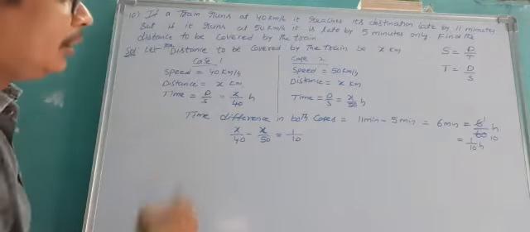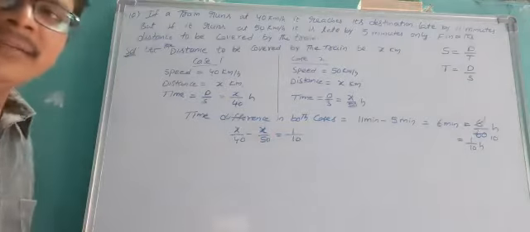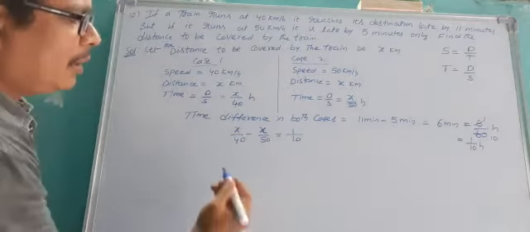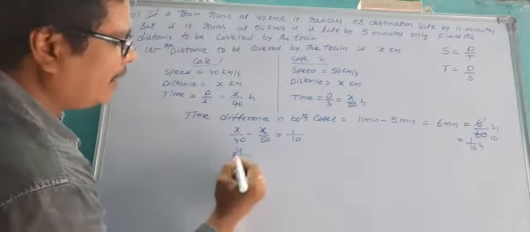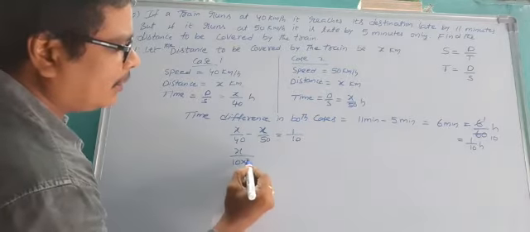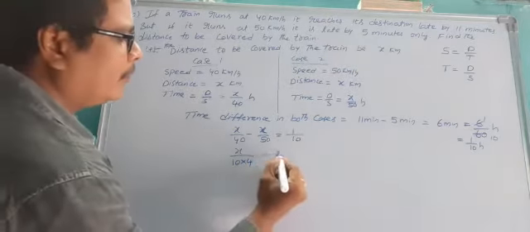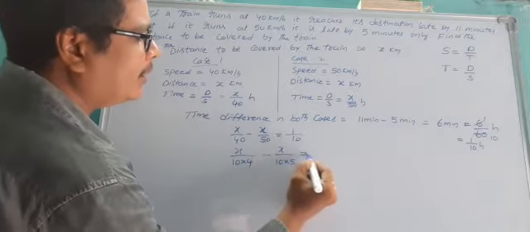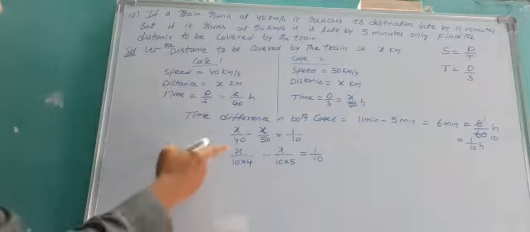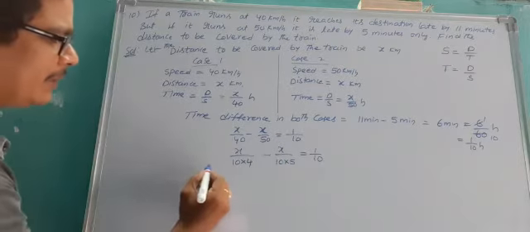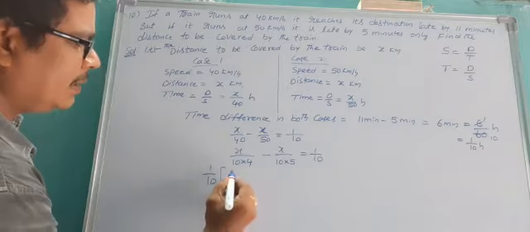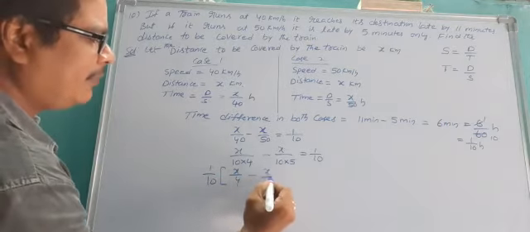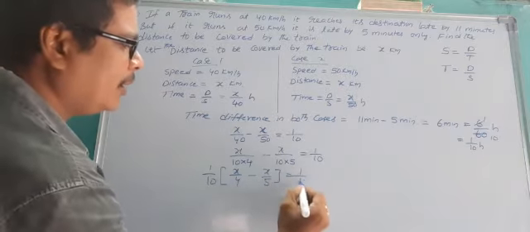Now we have to solve it. You get one simple equation, you solve it and you get the value of x. So x by 40 can be expressed as x by 10 into 4, and x by 50 as x by 10 into 5, equal to 1 by 10. Here 1 by 10 is common, separate it. Remaining x by 4 minus x by 5 is equal to 1 by 10.